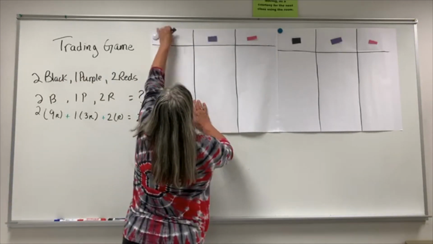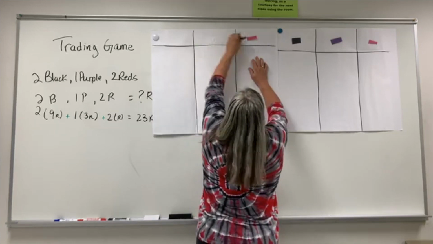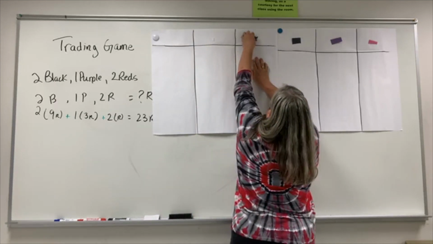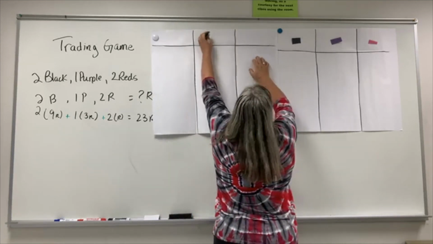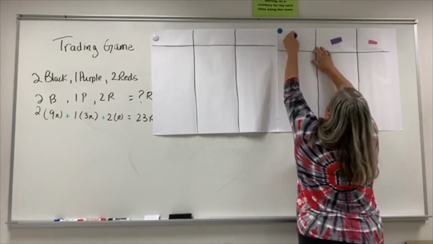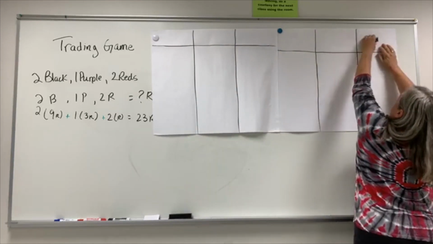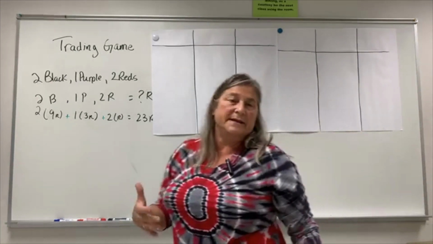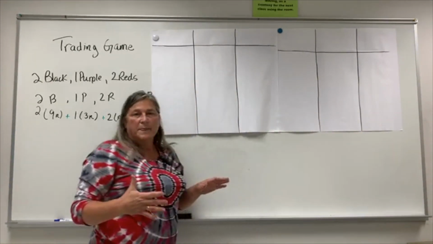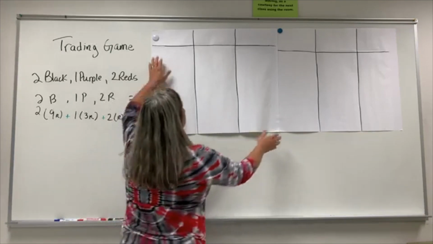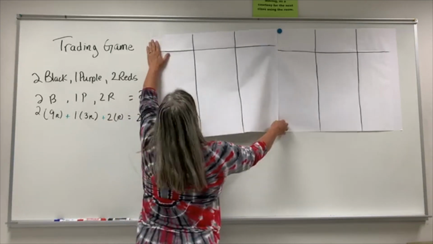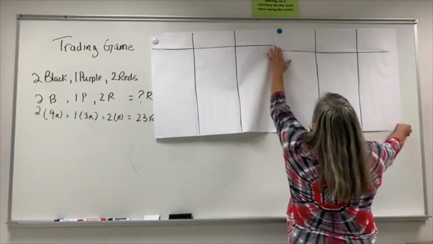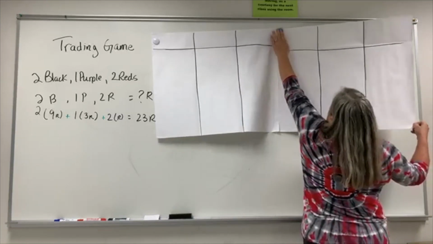I'm going to take these off. So we're no longer going to use these columns for colors. We're going to use them now for place values, because now we've played this game enough with a trade value of 10 that they understand where you get these numbers from. Just a smidgen, since I'm so short.